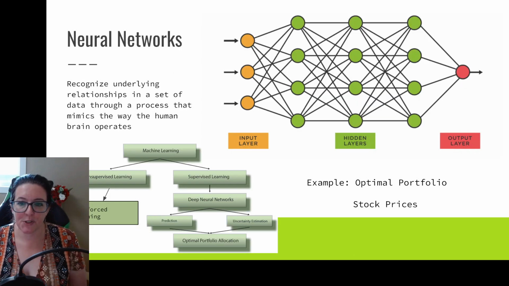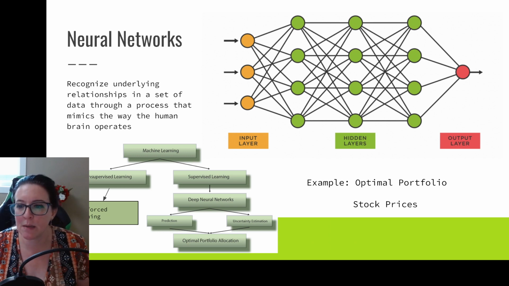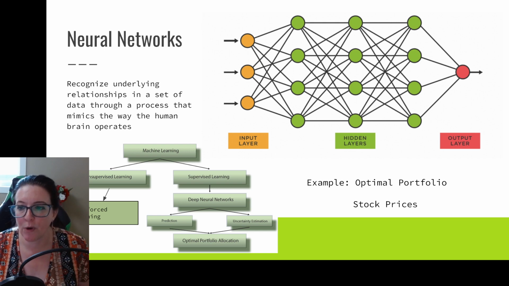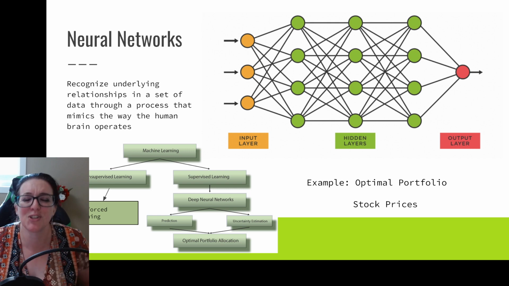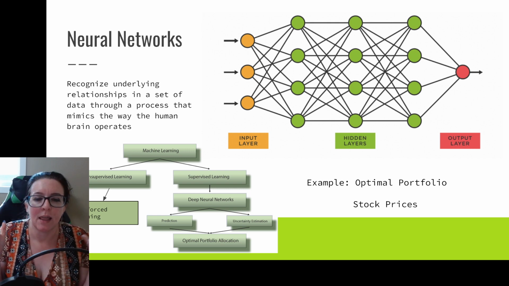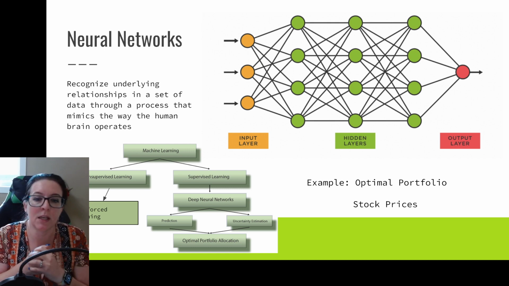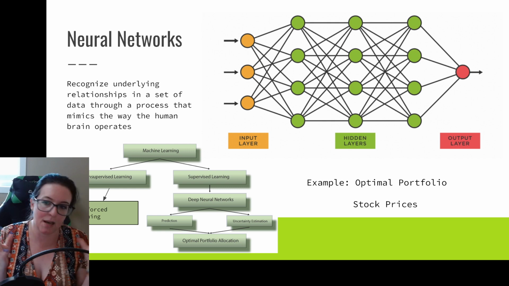Other types of supervised learning are a type called neural networks, and we're seeing more and more of this when it comes to finance. The idea here is that when we're looking at the optimal portfolio for your investment, or trying to predict stock prices, there are so many variables that might be impacting what happens to a stock. You have the economic variables: is the economy growing or shrinking? What's happening to interest rates, unemployment?